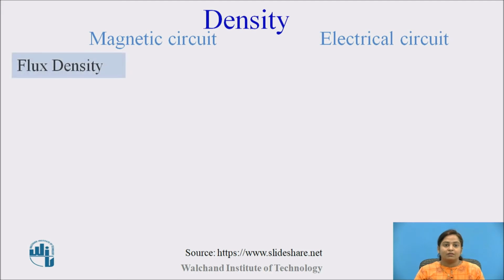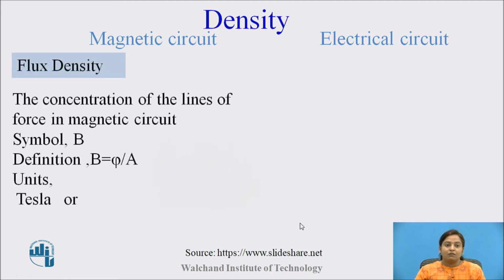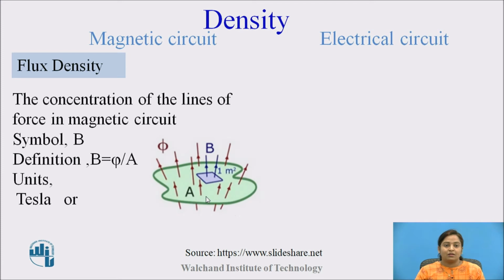Now regarding density, the flux density in magnetic circuit is defined as the concentration of lines of force in that circuit. It is denoted by capital B, and it is defined as phi by A, where phi is the flux lines and A is the cross sectional area of that magnetic circuit. Its unit is Tesla or Weber per meter square.